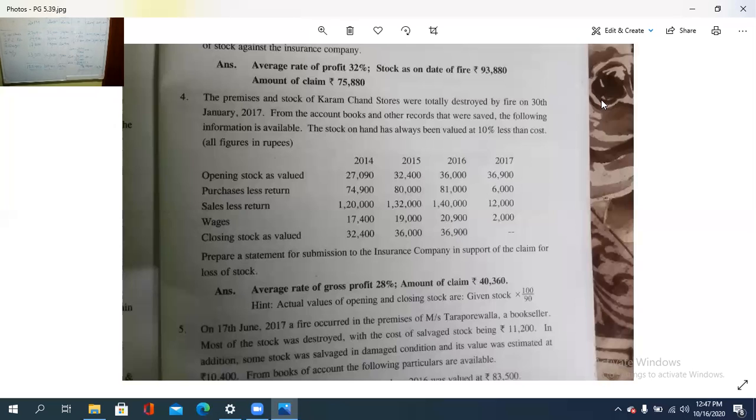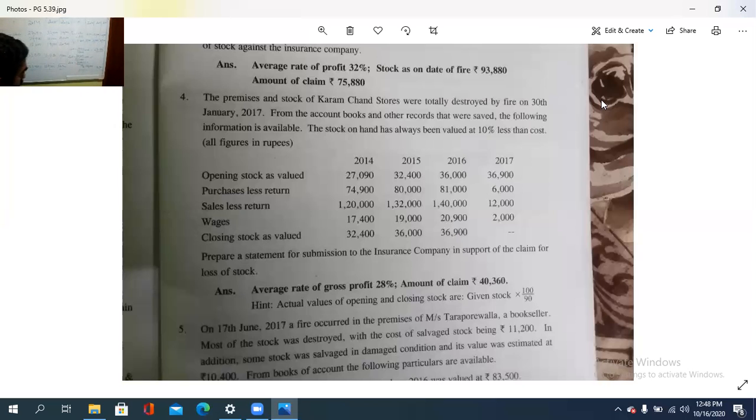So we will calculate 33,010 divided by how much? 1,20,000 into 100. It is 27.51%.